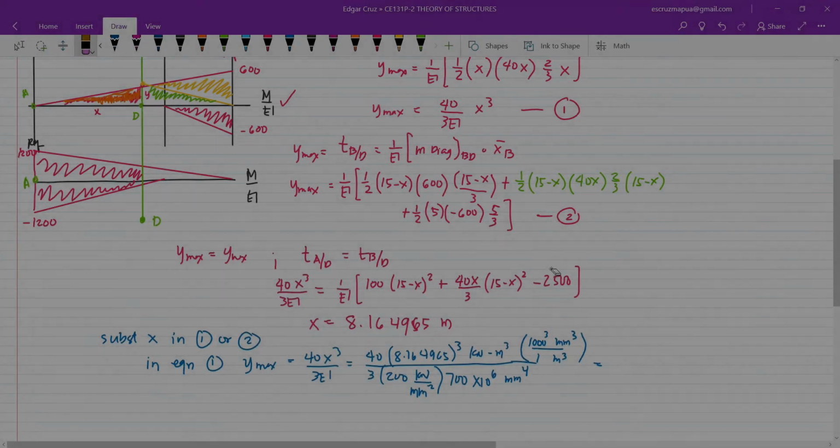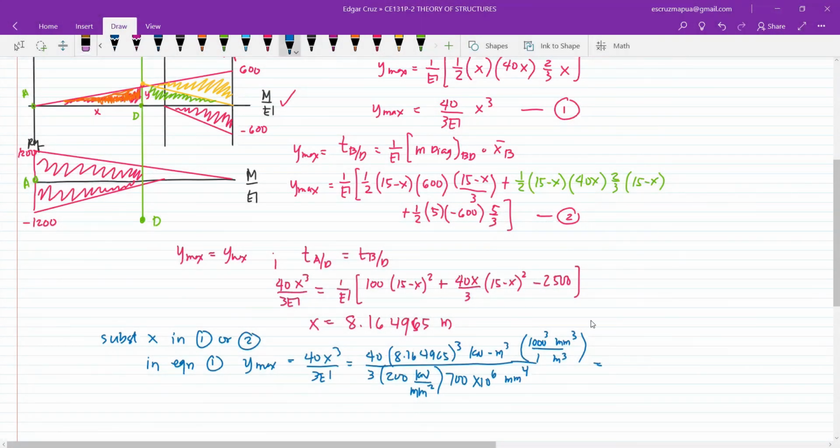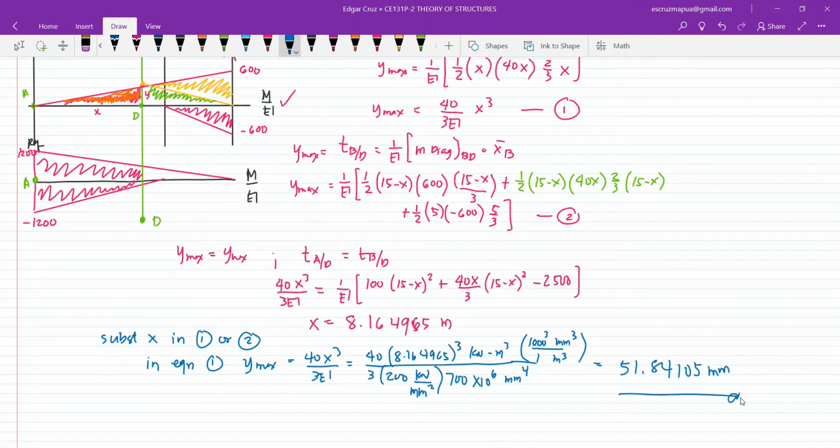The answer for y max is 51.84105 millimeters. This is the maximum deflection of the beam, 51 millimeters, more than 2 inches. That is the final answer for this problem.